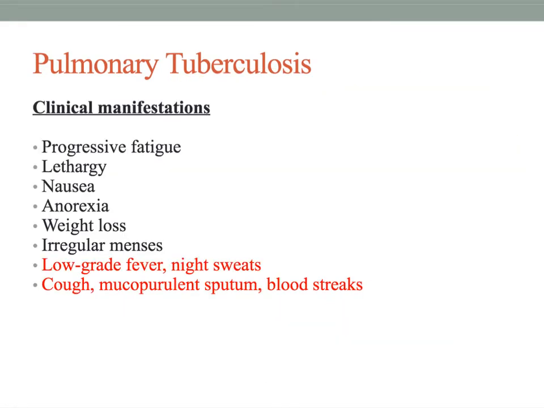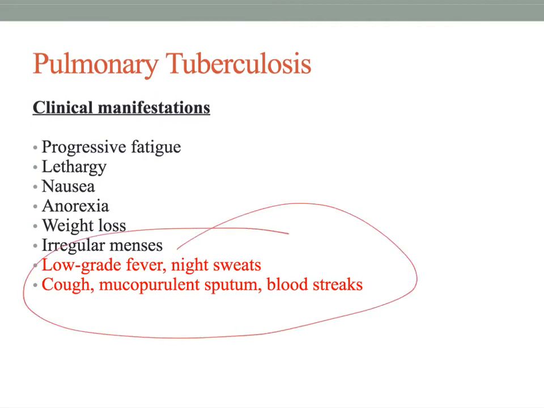Patients with TB will present with fatigue, lethargy, nausea, poor appetite, weight loss, and a low-grade fever. The signs and symptoms that typically set this disease process apart from other pulmonary processes such as pneumonia are these right here: the low-grade fever, night sweats, cough, and the blood-streaked productive cough.